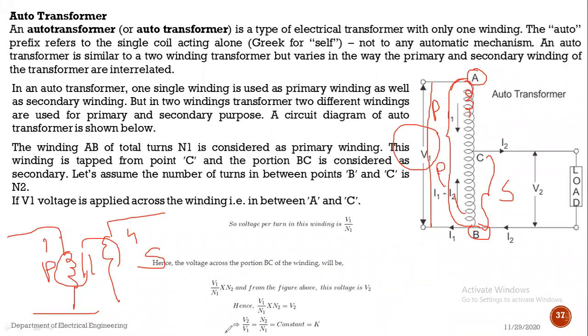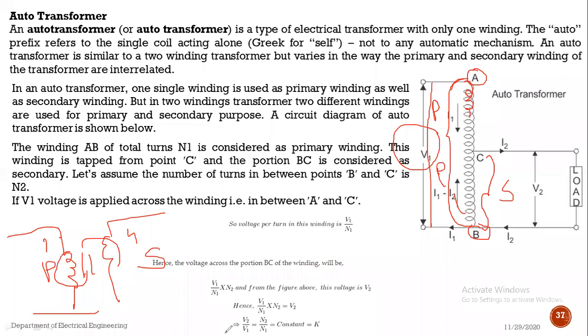The word auto transformer: auto is a prefix referring to a single coil acting alone. The prefix auto added to the transformer means a single coil acting alone.